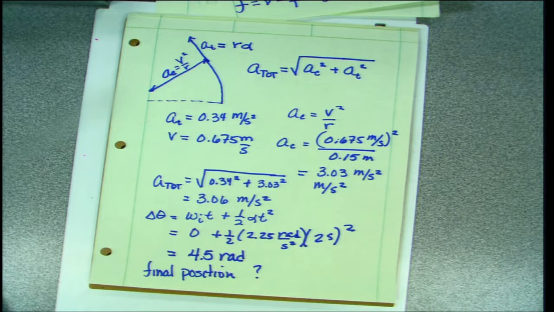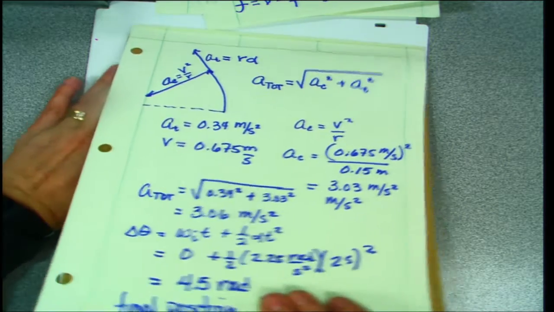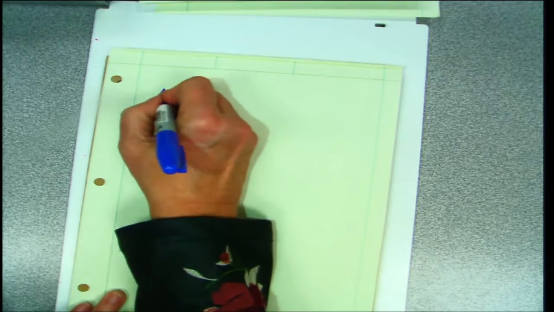So we started at 50 degrees. My change in angle is going to equal my angle final minus my angle initial. We know the change in angle was 4.5 radians. We don't know the final angle, but we knew the initial angle, 50 degrees.